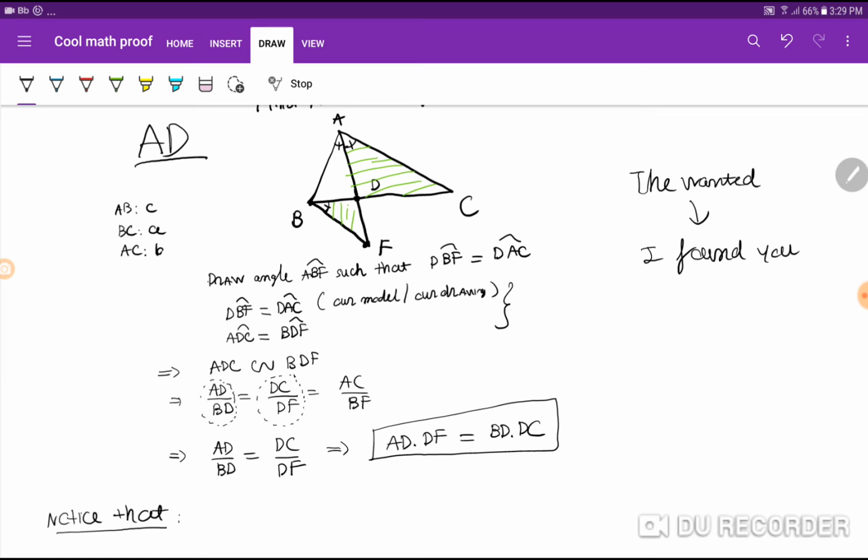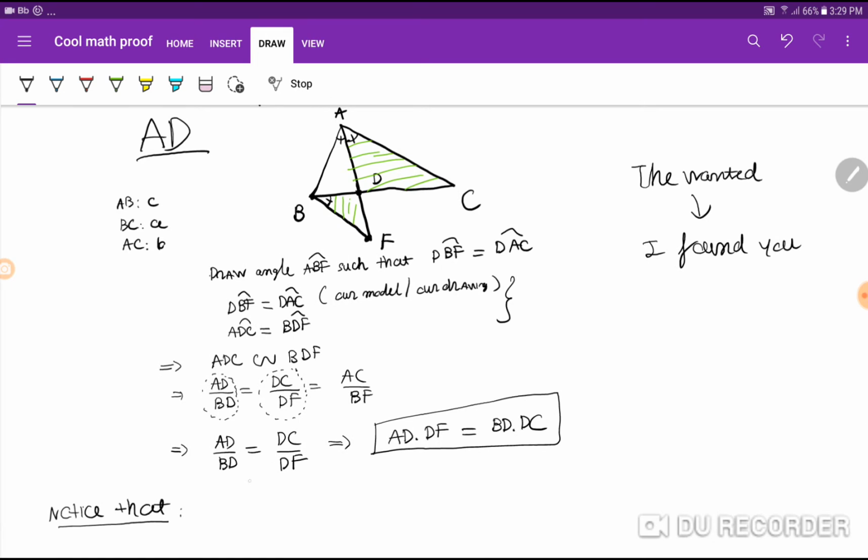Okay, if you notice that, you have angle BAF equal to angle CAD. And then you also have angle AFB equal to angle ACD.